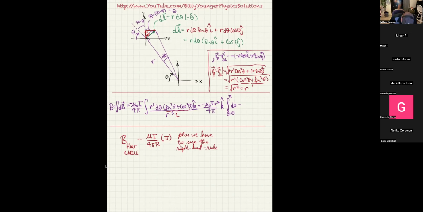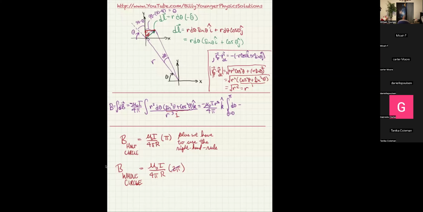So B for a whole circle is equal to mu 0 I over 4 pi R times 2 pi. Okay, so you can see what happens in this case.